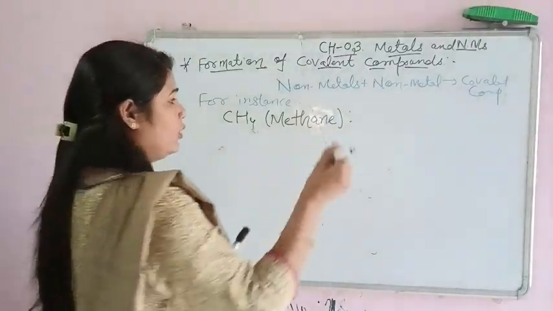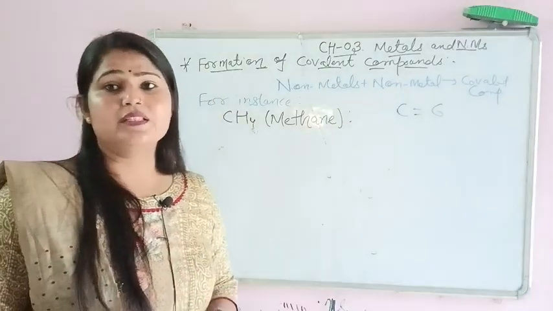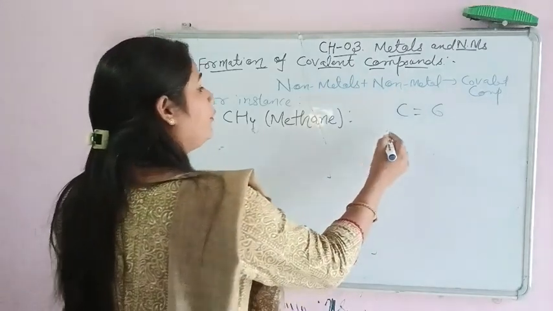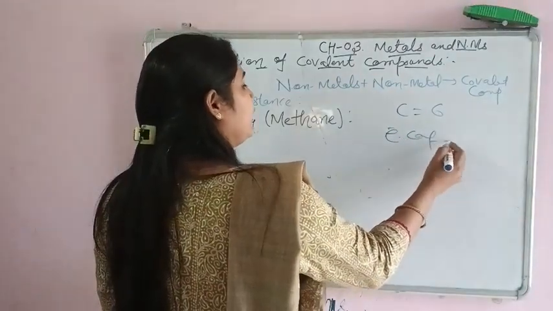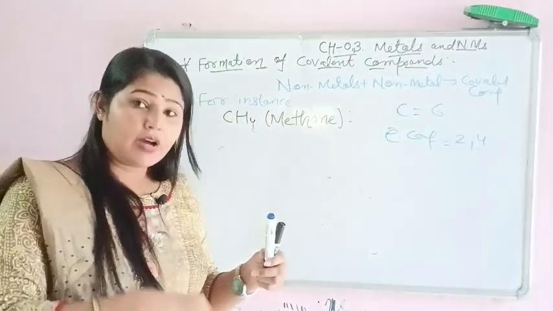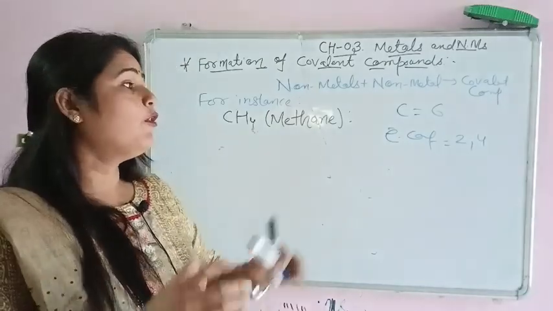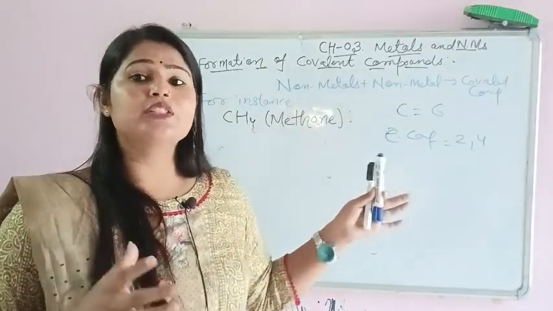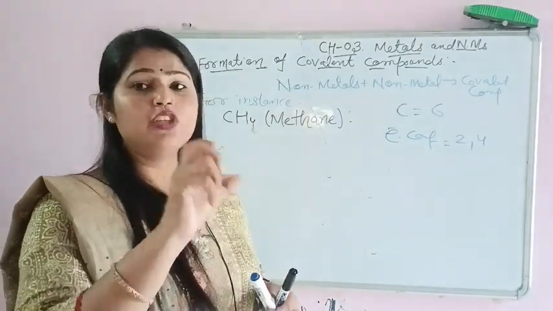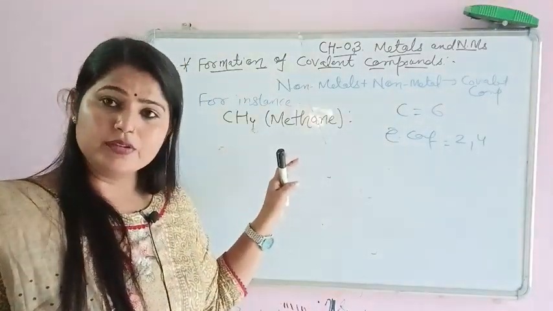Carbon has atomic number 6, so it contains 6 electrons, and the electronic configuration of carbon is 2,4. Carbon requires 4 electrons to complete its stability, to complete its octet, and it can share these 4 electrons with its neighboring element, that is hydrogen.